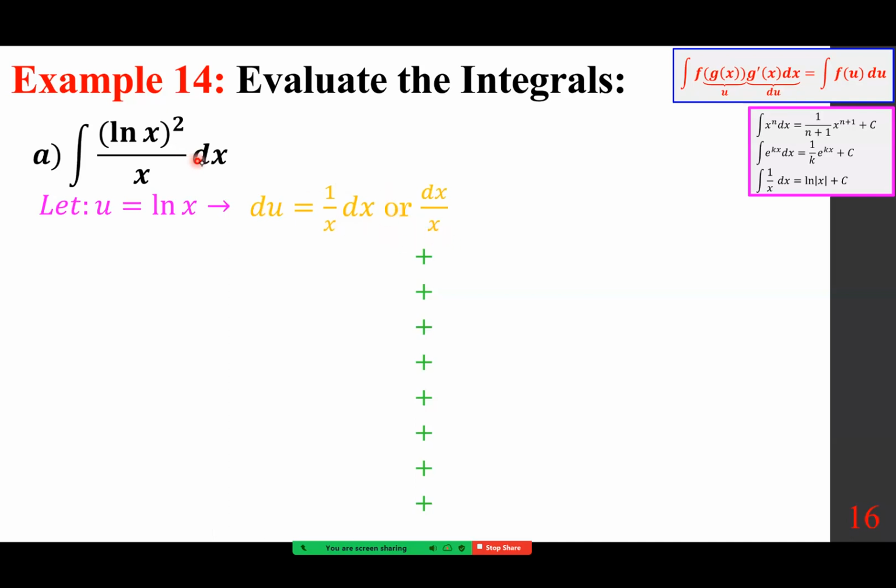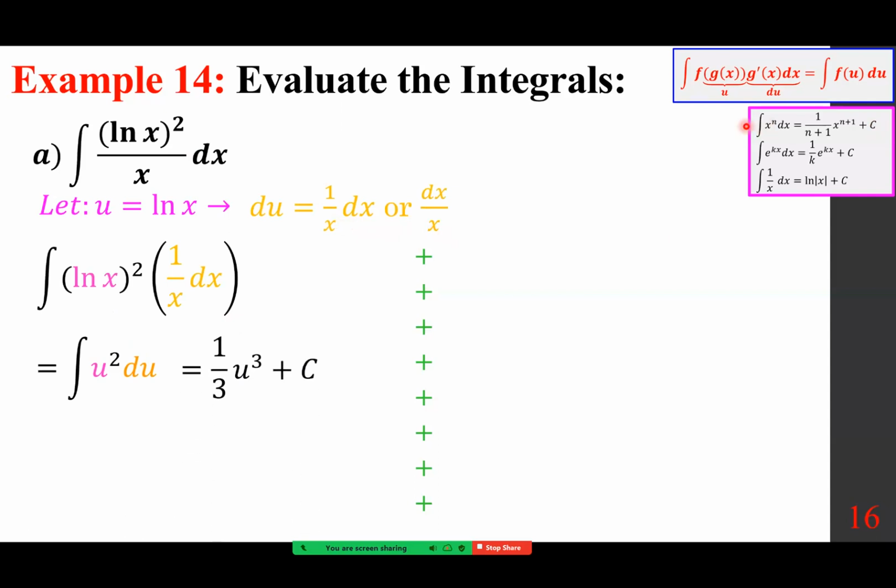So we're going to rewrite this so it becomes clear what we are dealing with here, class. We are dealing with u squared du, and that clearly is a case of a power rule, 1/3 u cubed plus a constant, and you replace the u and you're done.